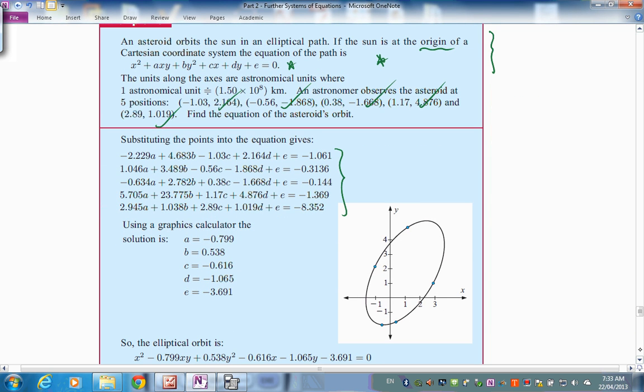Can you solve those to find the coefficients in the general equation of the elliptical path, and therefore get a specific path for this asteroid?